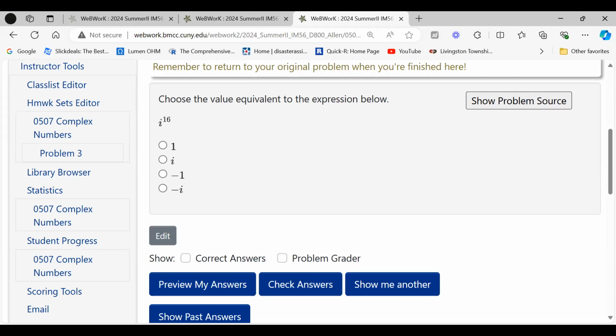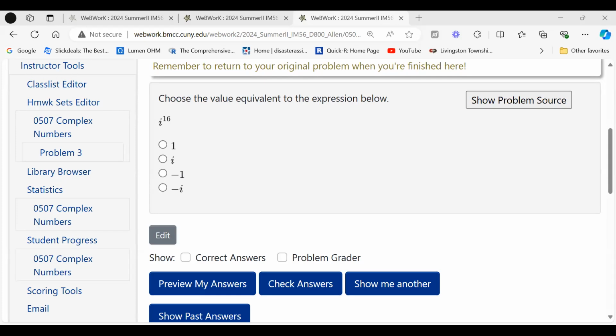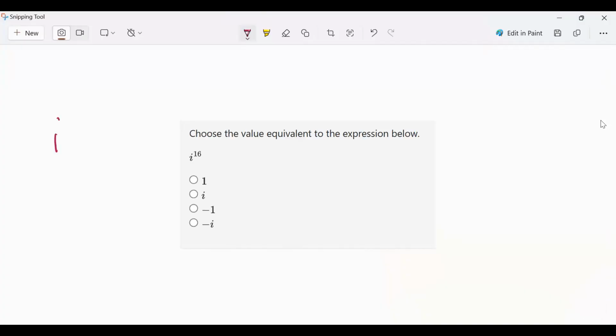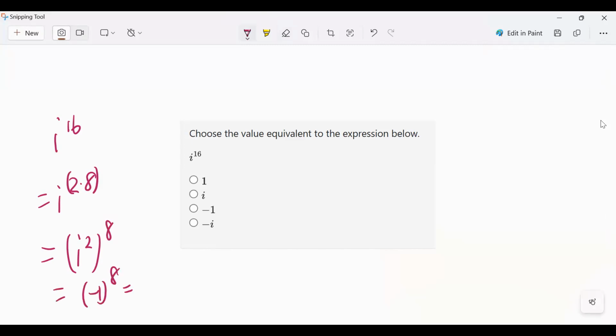What's gonna be the answer? So it's an even power, so basically you're gonna do i 16 as i 2 times 8 in terms of power. We're gonna do it as i squared to the 8th power. We know i squared is -1. And we have the even power, so the answer is just 1.